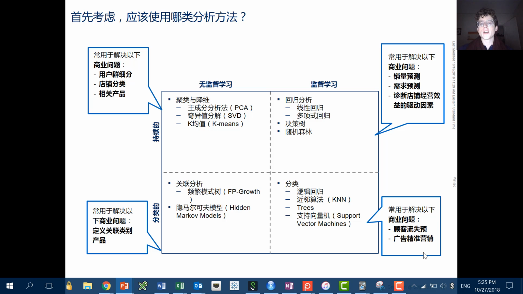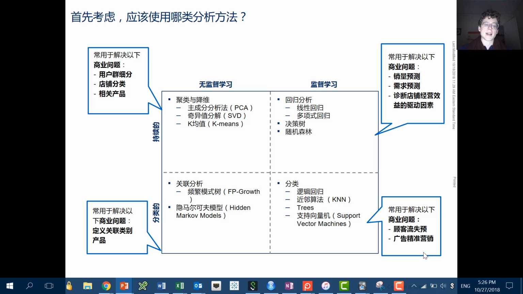The first one is supervised versus unsupervised. Supervised means that you know what the answer is. You have truth. An example of this might be you're predicting income for another job, but you already have data which gives you the income of previous jobs.